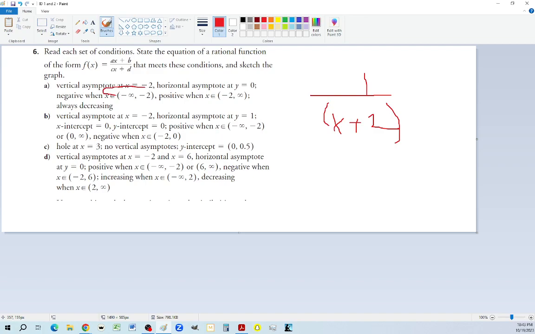We want it negative when x is going down to minus this, and to the right of the asymptote, or to the left of the asymptote, we want the whole thing to be negative, and we want it to be positive when it's over here. So let's see what happens when it's negative.